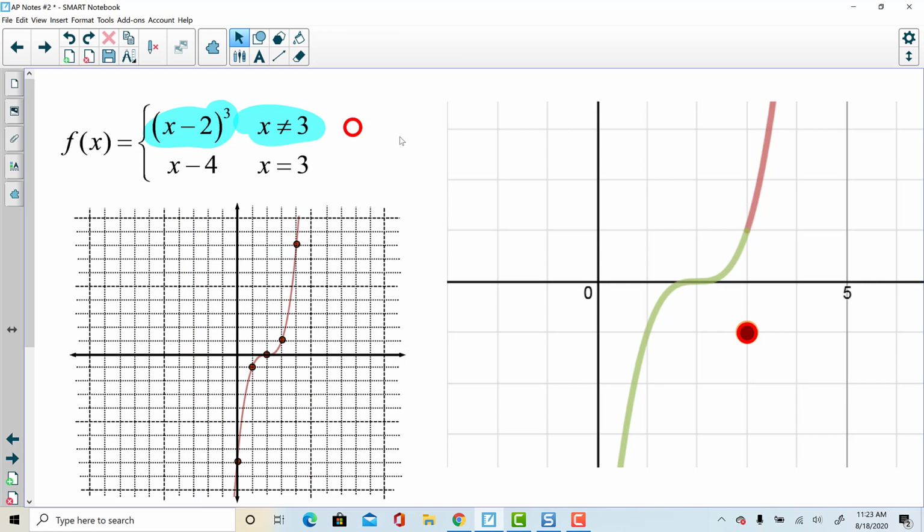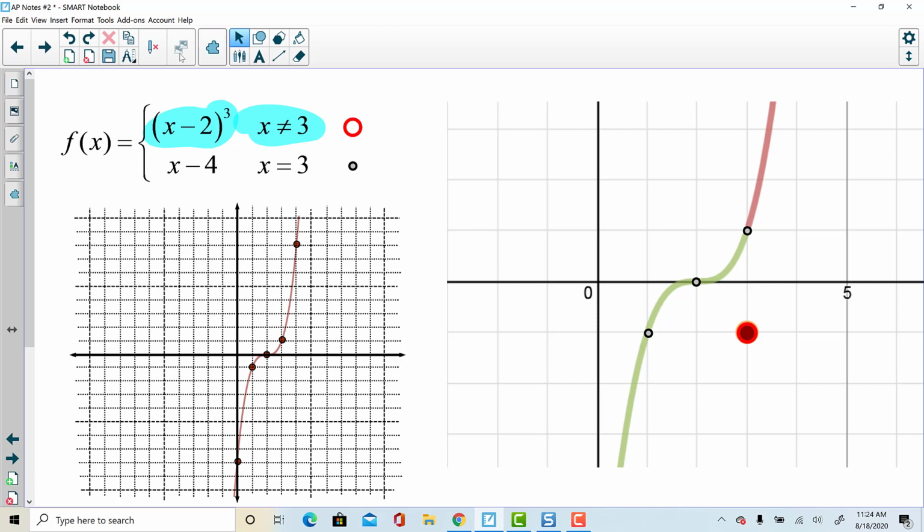It's been moved right 2. Now we'll plot some easy points. Okay, one of the easy points is going to be 2, 0. Another easy point is going to be 1, negative 1. Another easy point is going to be 3, 1. And the rest of the points are kind of off of the paper.